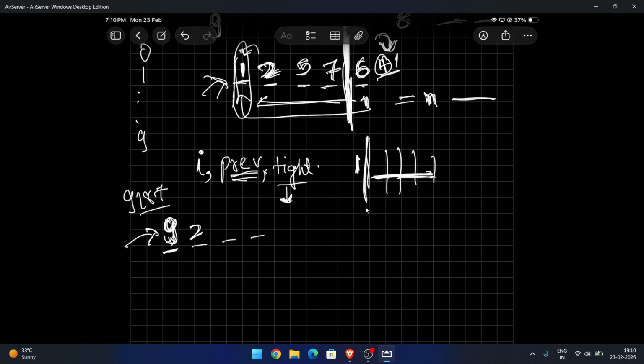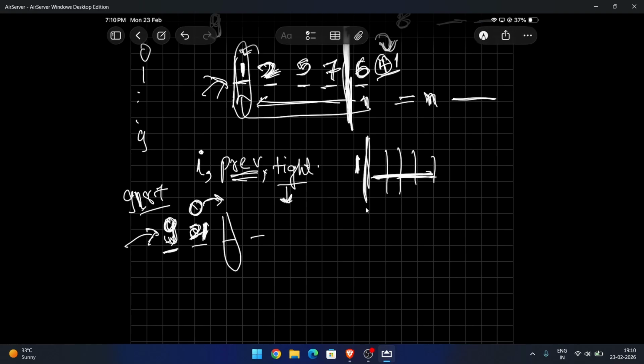So this tight shows whether I am bound by the digit of number B or not. If tight is 1, that means I am bound by the limit of this digit, so now the maximum I can go is 1. Now if I put 0 here, then my tight would be 0, and I can put anything, because no matter what I put here, it would be less than this number only.